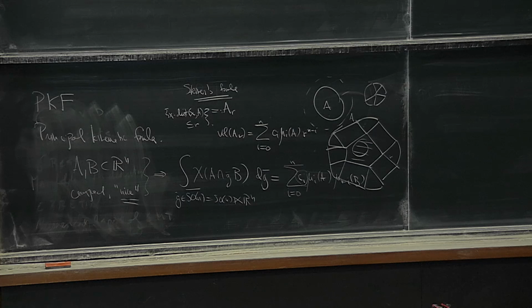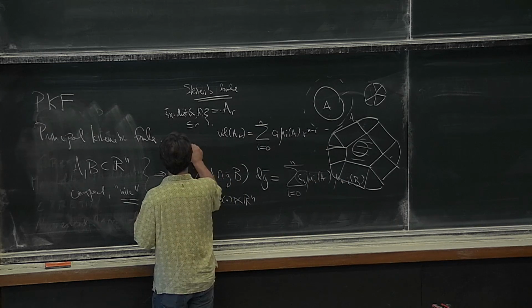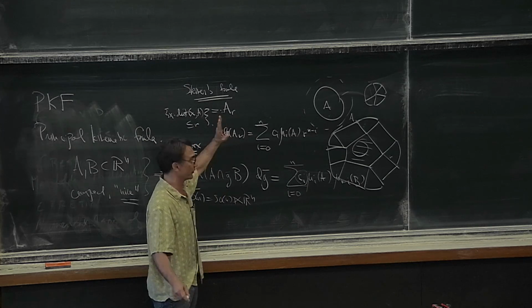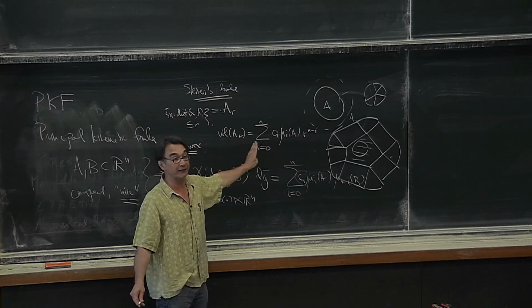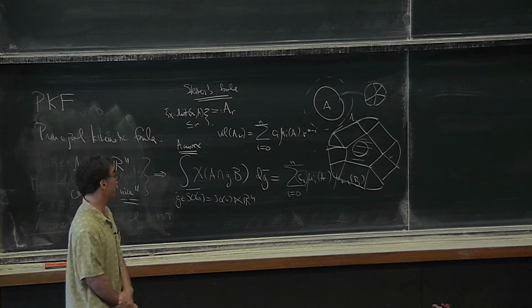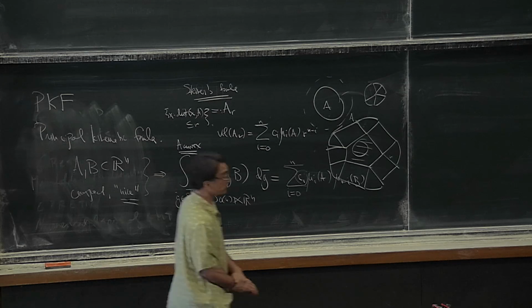So the point is, if A is convex, this is true. And if A is of positive reach or smooth, then this is true for sufficiently small values of r. And then there's a version, we'll see, which extends also to large values of r, but we'll get there.